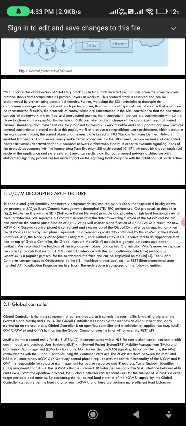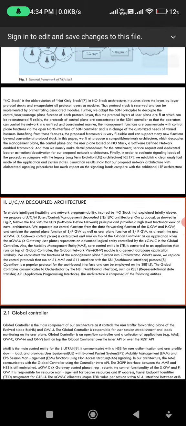In this paper, we first propose a compatible network architecture which decouples the management plane, the control plane, and the user plane based on NoStack, a software defined network enabled framework. And then we mainly make detailed procedures for the attachment, service request, and dedicated bearer activation or deactivation for our proposed network.